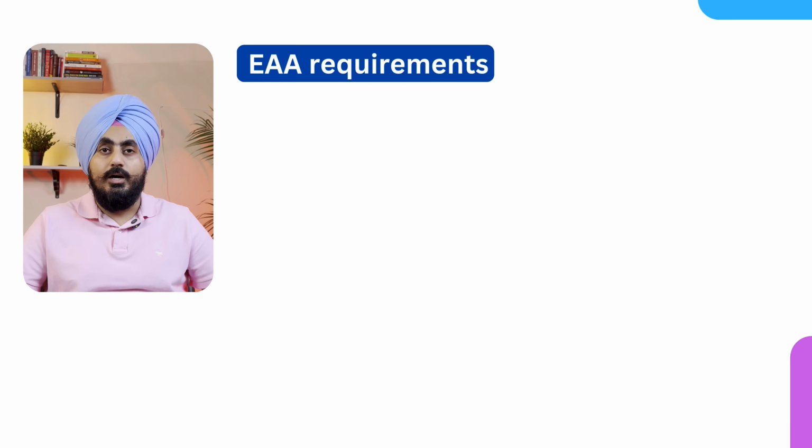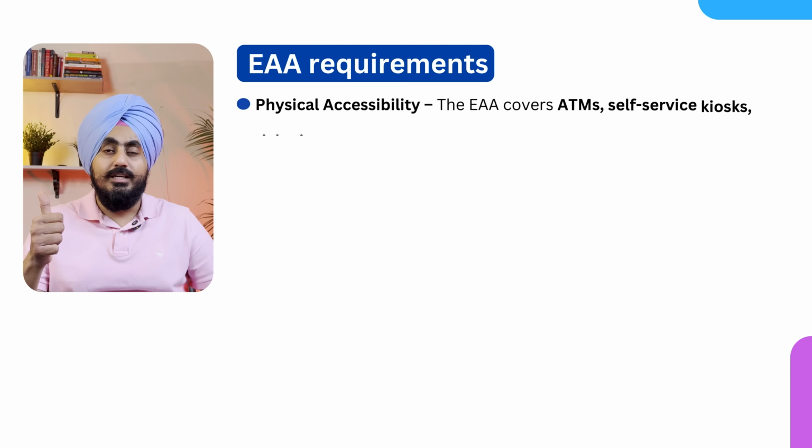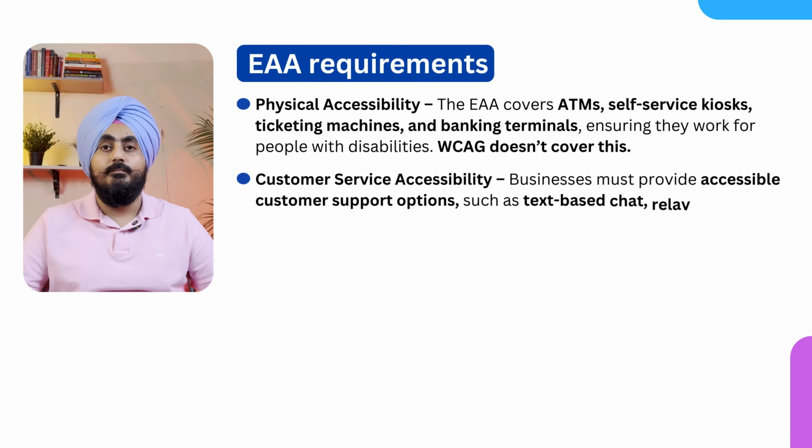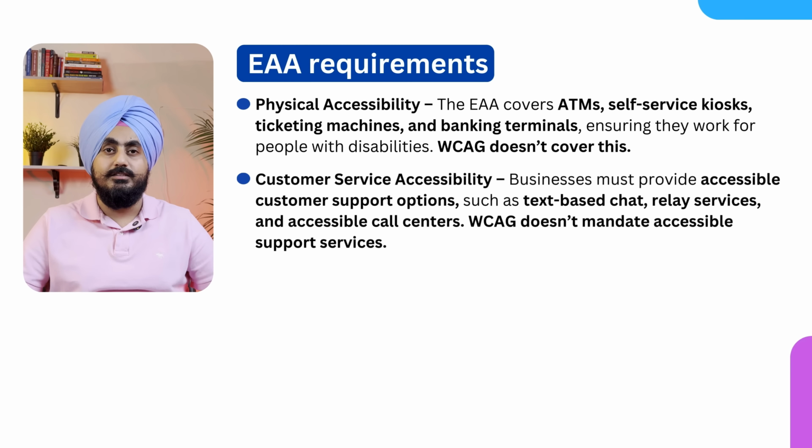The EAA goes beyond web and mobile accessibility. It includes requirements for physical accessibility. The EAA covers ATMs, self-service kiosks, ticketing machines, and banking terminals, ensuring they work for people with disabilities. WCAG does not cover this. Customer service accessibility: businesses must provide accessible customer support options such as text-based chat, relay services, and accessible call centers.